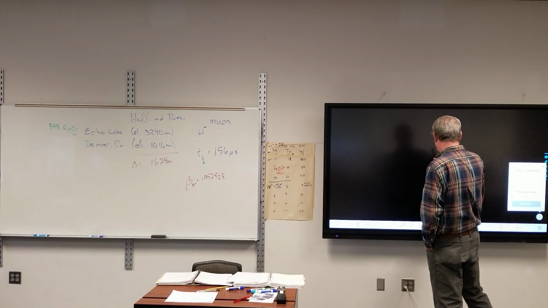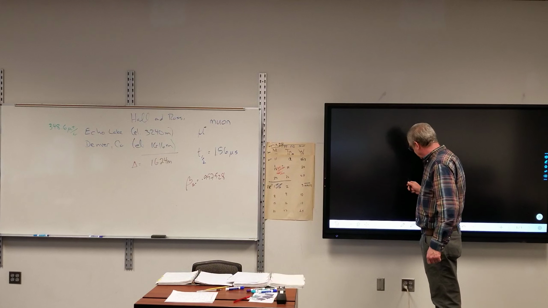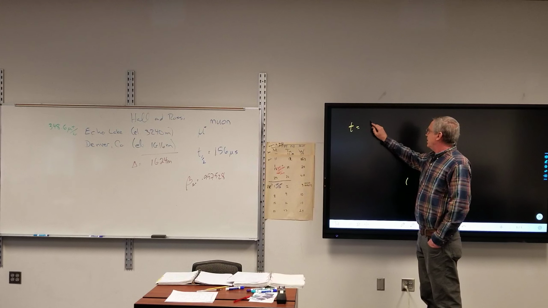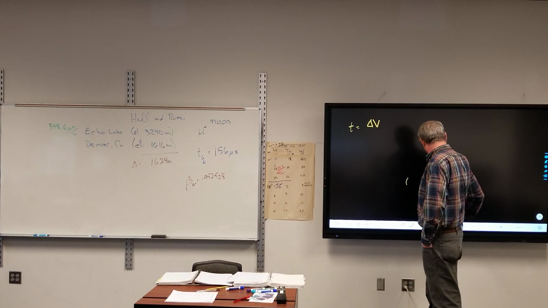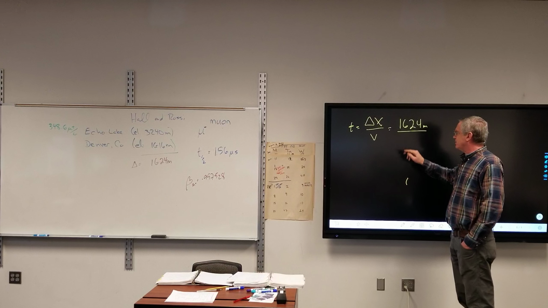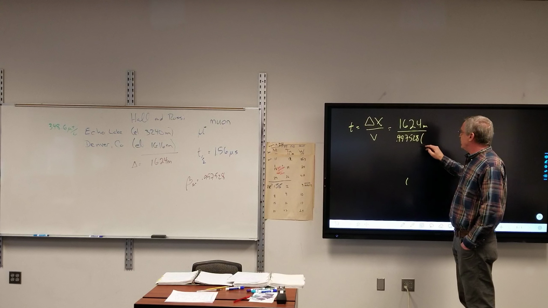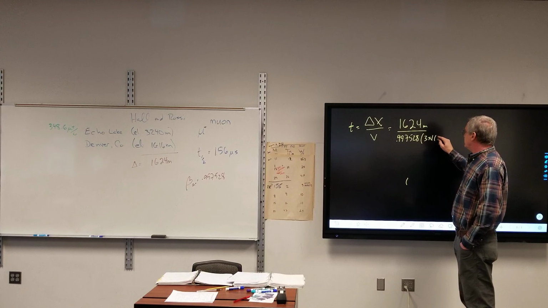Live. It claims it's yellow, is it actually? It is. All right, so I know that time is distance over speed. So the distance it's going to travel is 1,624 meters. The speed is 0.997528 times the speed of light, which is about 3 times 10 to the 8th.